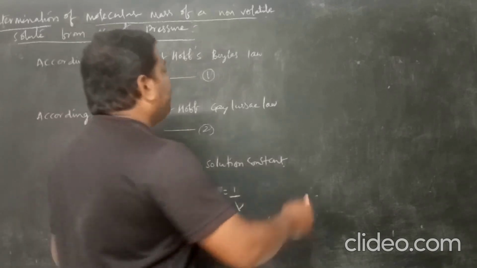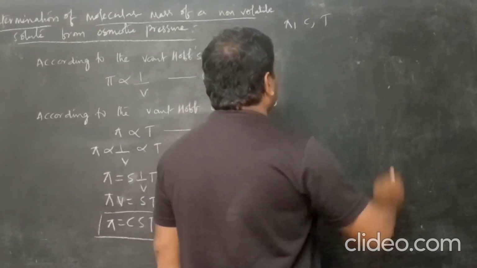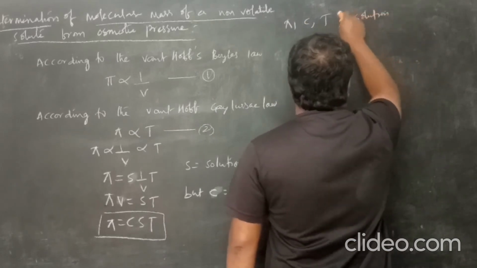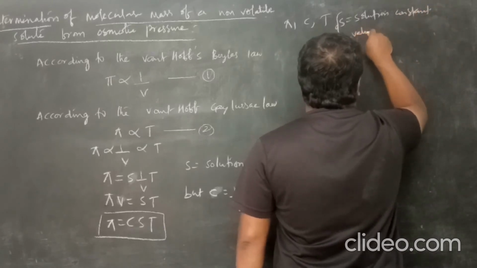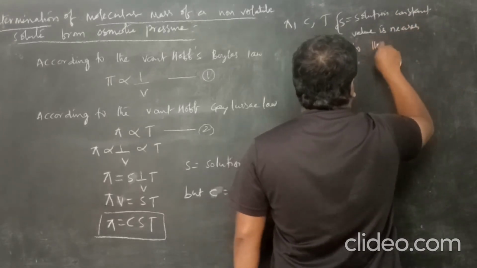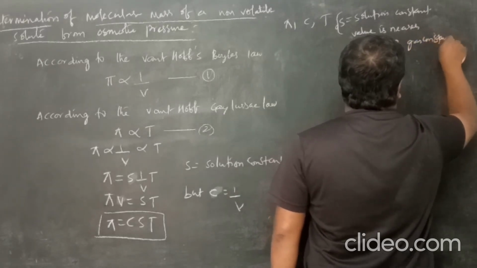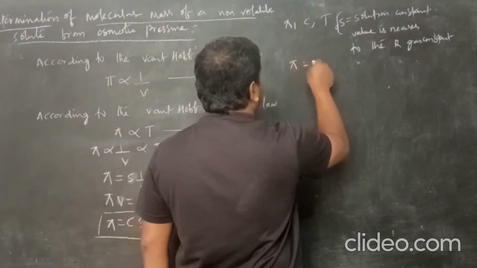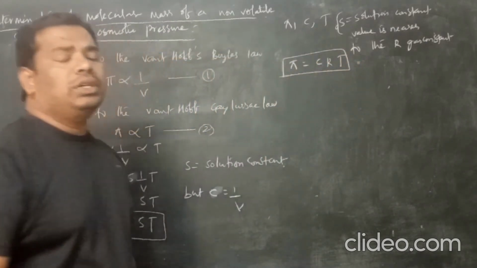When we substitute the values of pi, C and T, we will get the solution constant S. The solution constant S value is nearer to the gas constant R. So in place of S we will write pi is equal to C into R T also.